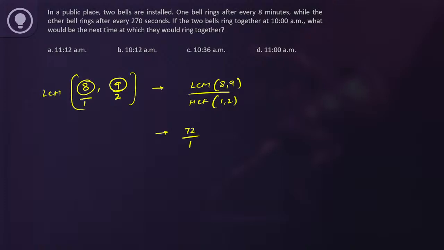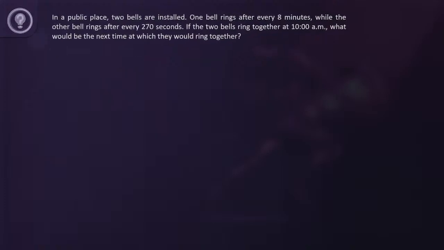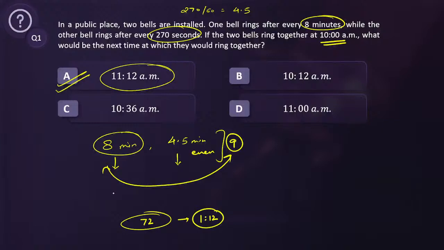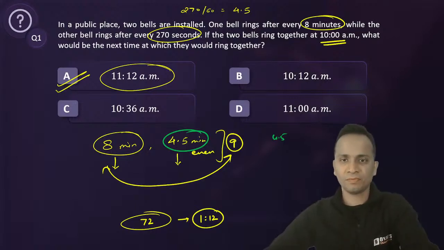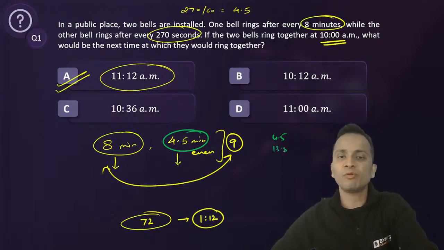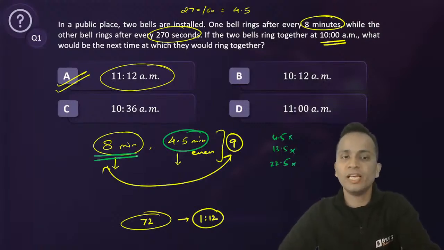Okay. Manvi, how I got 9 is basically we were looking at the multiples of 4.5. Now, if we look at the odd multiples of 4.5, 4.5, 13.5, 22.5, none of them will have a common multiple with 8.